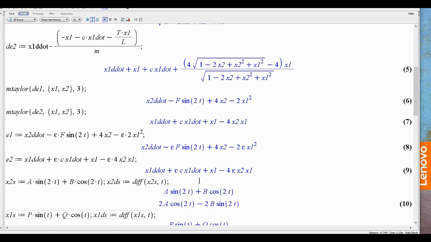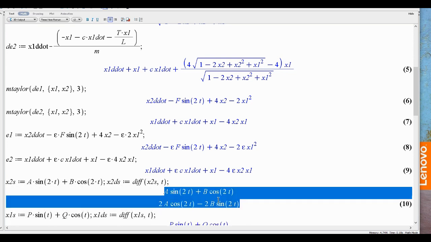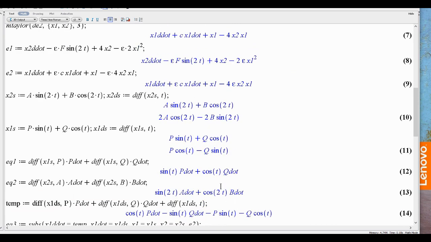So this is my transformation for x2. Similarly, I will come here and I'll have x1. When I look at the x1 equation, there is the harmonic oscillator. This is the small perturbation. So the solution is a sine t plus b cos t, or p sine t plus q cos t. That is why I have this over here.